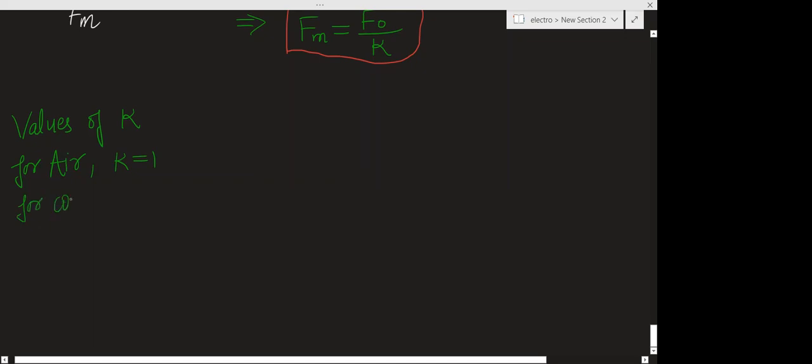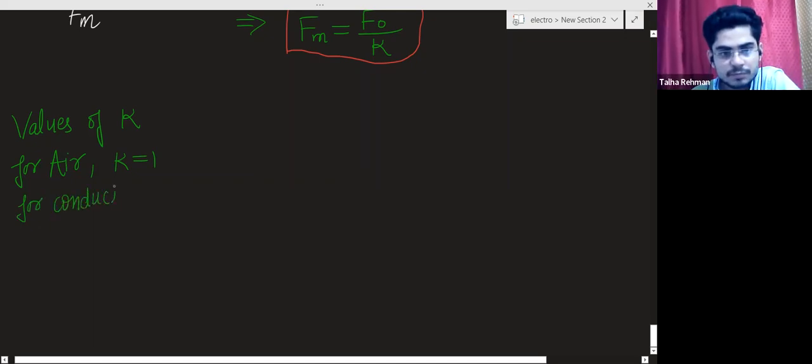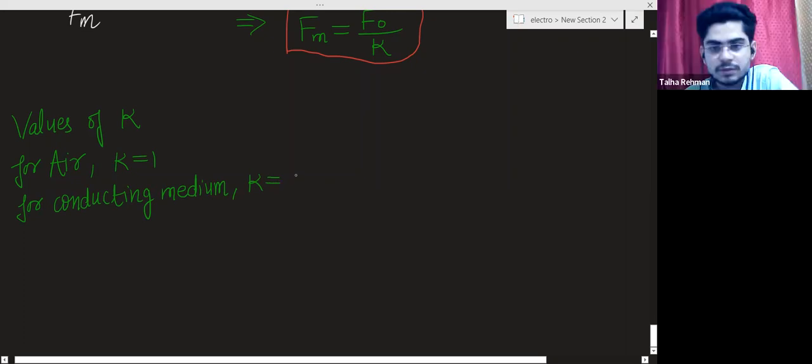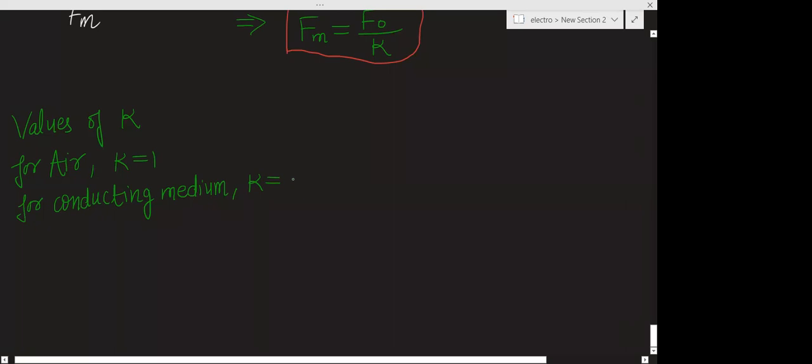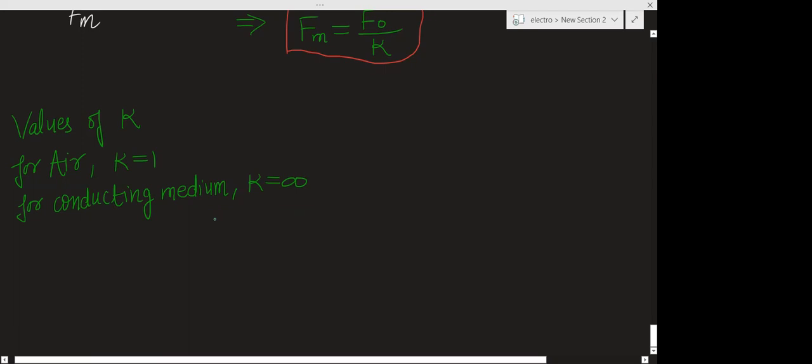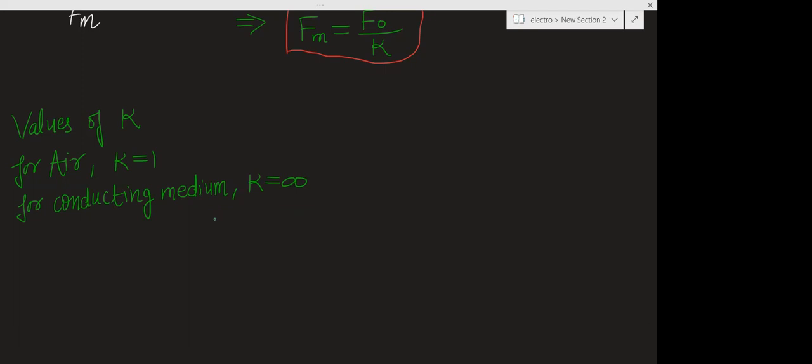And for a conductor or conducting medium, do you know what a conductor is? Conductors, as in metals and all, allow the flow of charges through them. In conductors, current can flow, for example in metals.